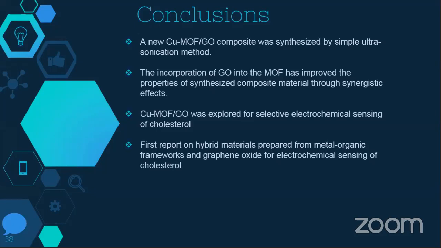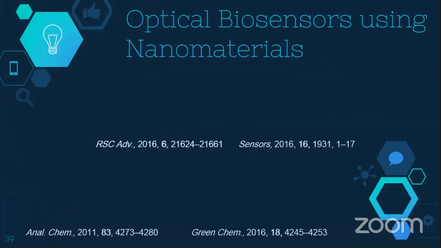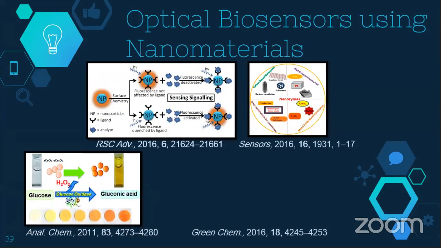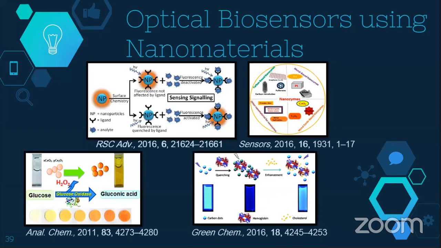And then after this, I'll take you to some examples where we can do optical biosensors using nanomaterials. So we move on to pure nanomaterials and see how the sensing is taking place. These are some reported materials where the sensing was done.